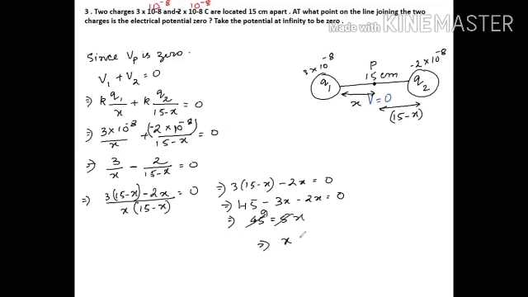So x is 9 centimeter. 9 centimeter from the 3 into 10 to the power minus 8 coulomb charge. That means at this point P, which is at 9 centimeter from the 3 into 10 to the power minus 8 coulomb charge, your net potential is 0.